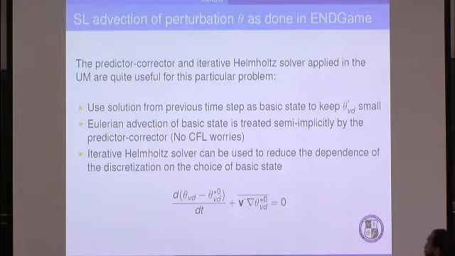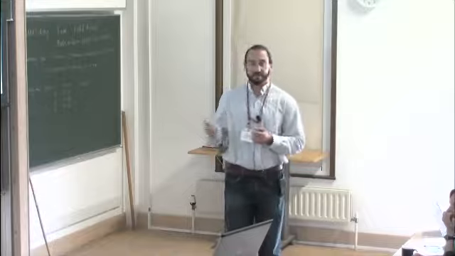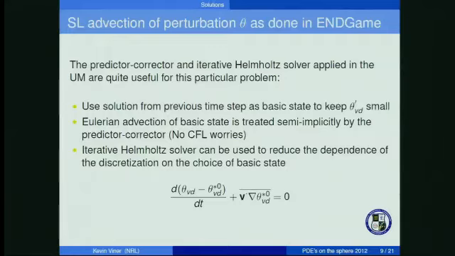The next option is to advect some perturbation theta. This actually works out great with the setup that the UM had. It's got this predictor-corrector scheme and this iterative Helmholtz solver. So they can use the solution from the previous time step as their basic state, and keep this theta prime very small. I'll give you an example down here.